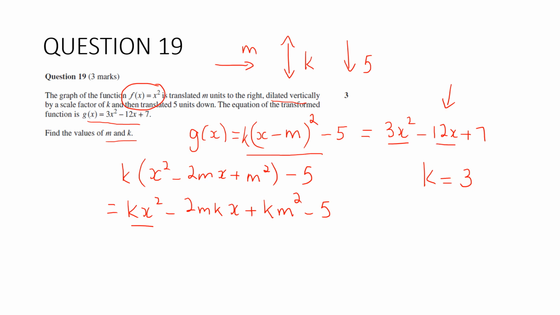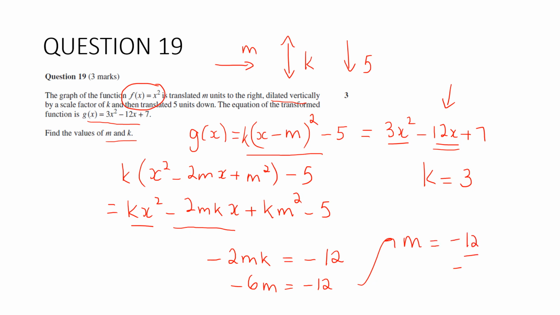And then looking at the terms in x, here we've got negative 12x and negative 2mkx. So equating those coefficients, I get negative 2mk is equal to negative 12. And we know that k is 3, so that's negative 6m is equal to negative 12. And so m is equal to negative 12 divided by negative 6, which is 2.